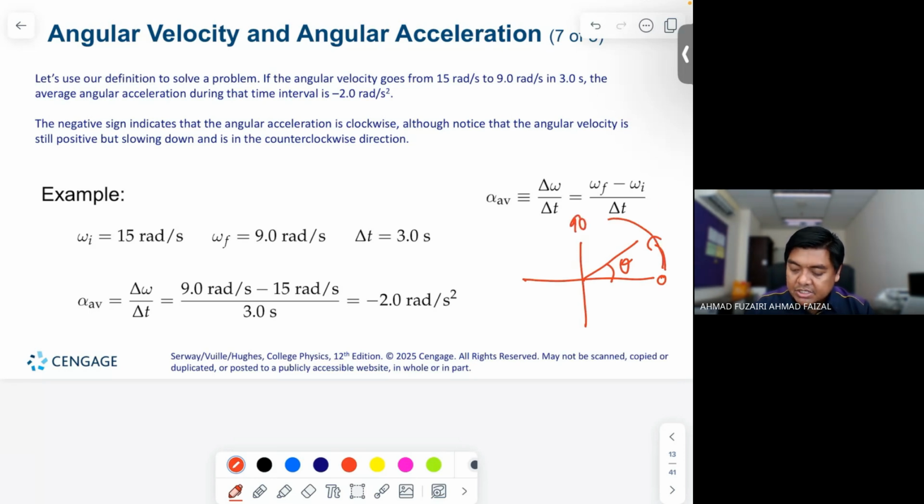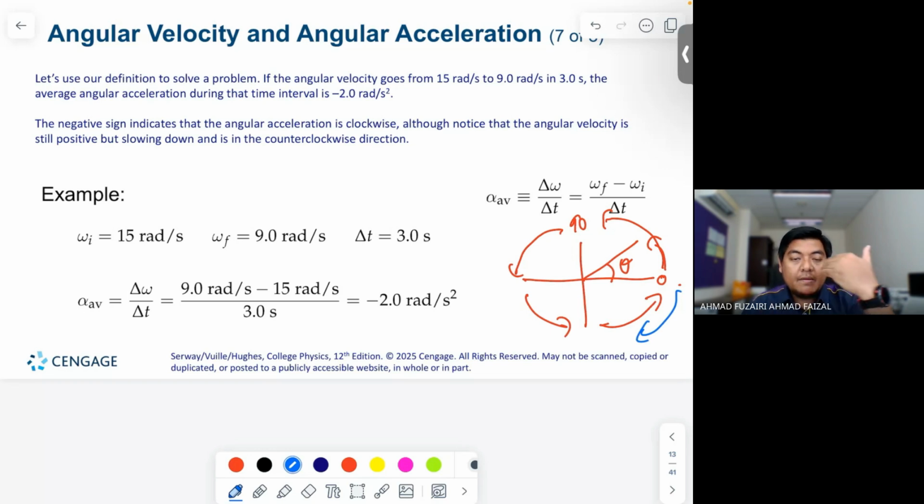We want to achieve from 90 to 180 and go back to the original one. We cannot have this one, the blue color. When we go from 360 to 270, our theta has become negative. When theta becomes negative, it can affect the omega, and it can also affect the alpha.